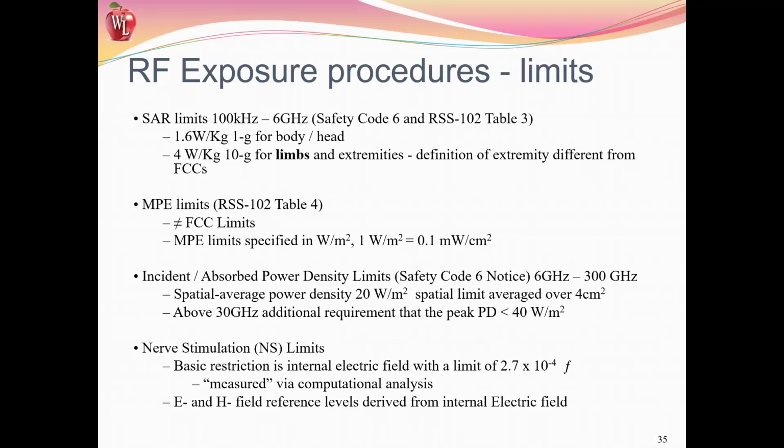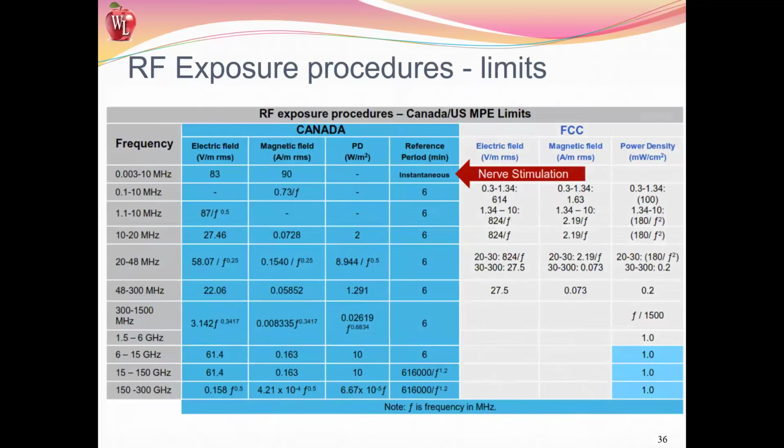E and H field reference levels are derived from internal electric fields. Nerve stimulation is required for devices below 10 megahertz. And we do not have that requirement here in the United States, but it is something that they do in Europe or in Canada, and been working with that for years.